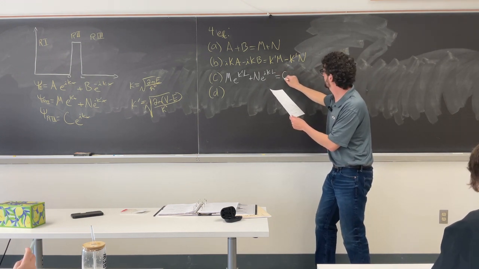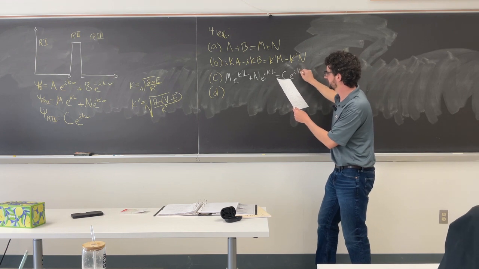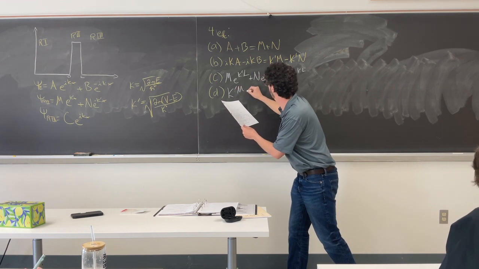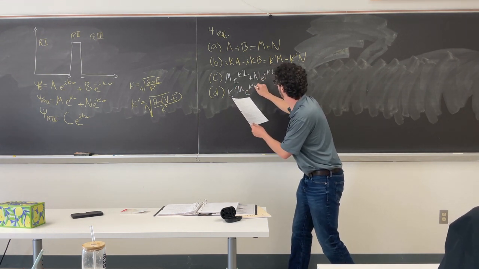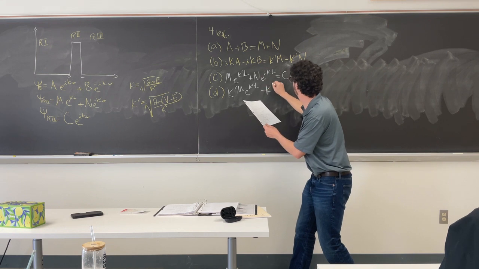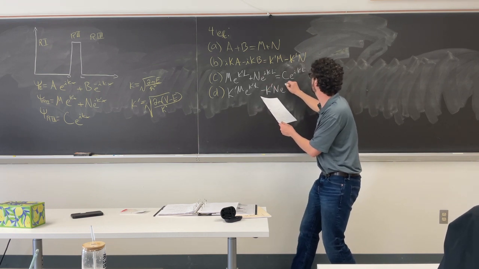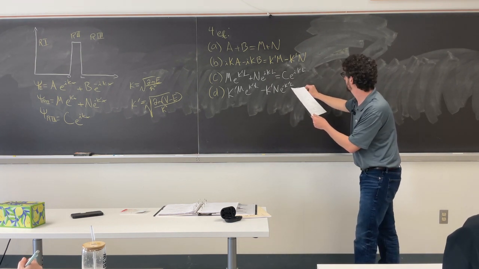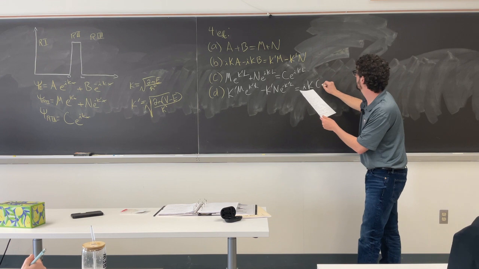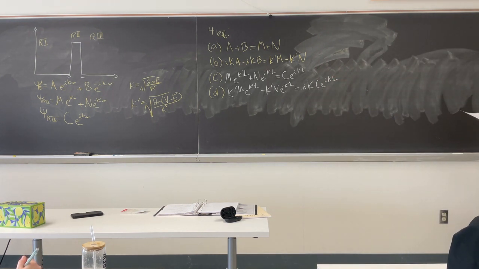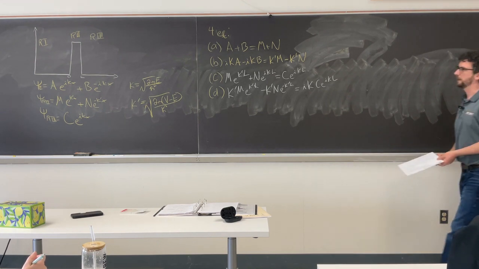C e to the ikL is equal to, and then k prime M e to the k prime L minus k prime N e to the negative k prime L is equal to ikC, all of that junk. Okay.